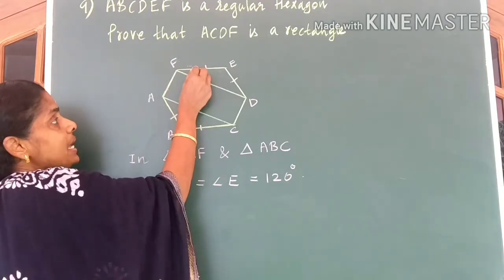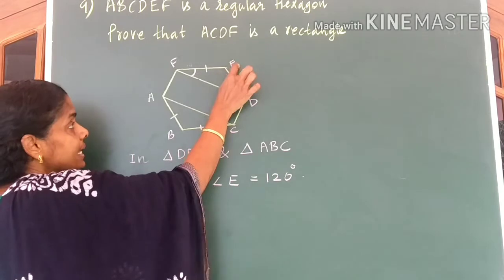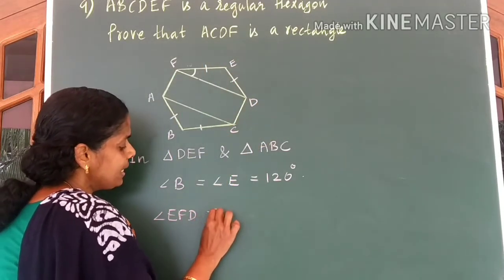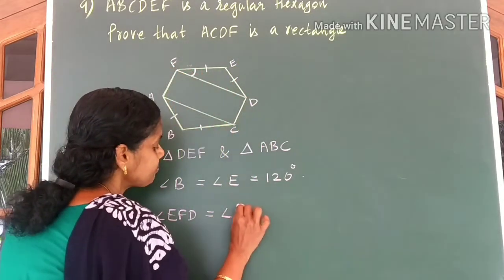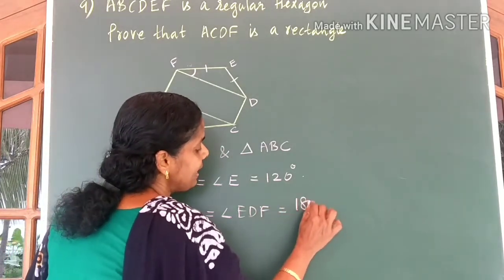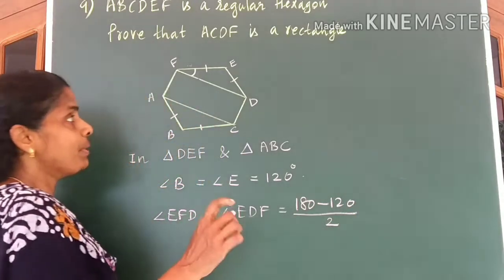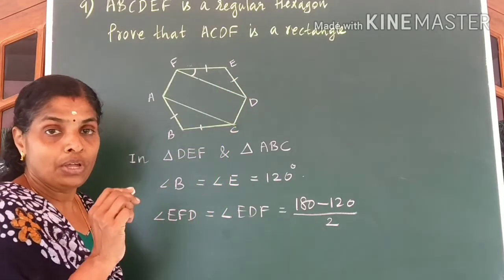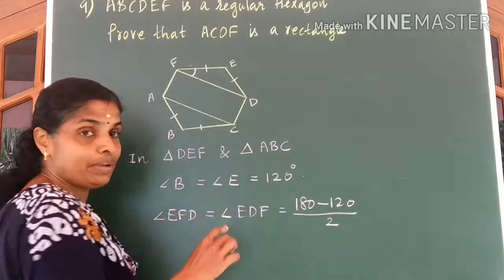So what can you say about these base angles? We can say angle EFD is equal to angle EDF is equal to 180 minus 120 divided by 2. Because we know sum of all angles in a triangle to be equal to 180 degree, from which I subtracted this 120 degree.